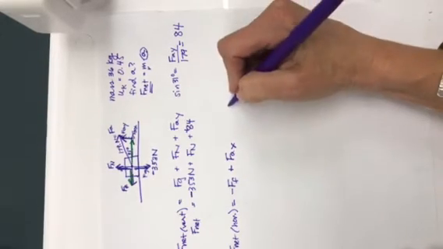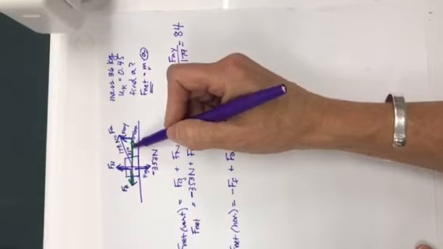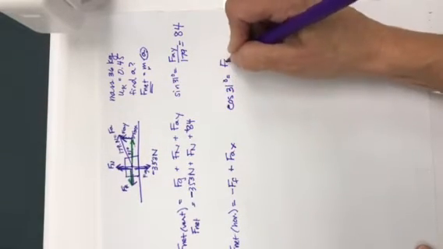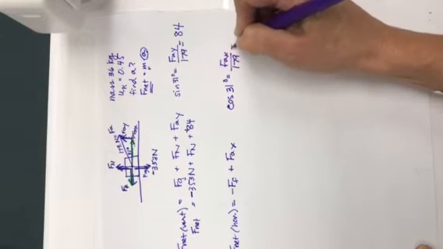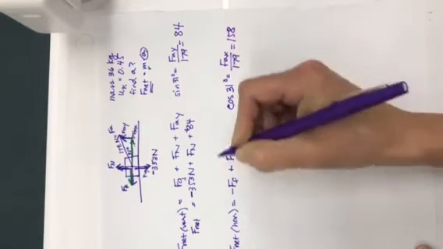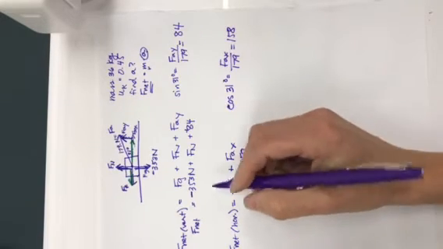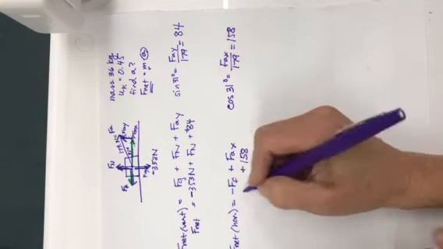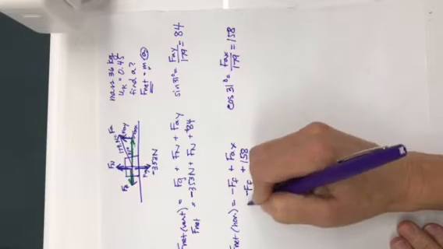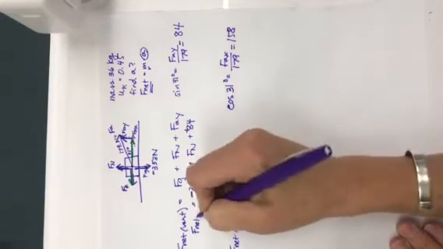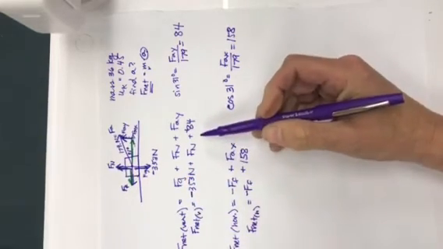When I get my F_AX, cosine of 31 degrees is equal to F_AX over 179, which comes out to be 158. So F_AX and my force of friction are equal to F net horizontally, and then F net up here vertically.